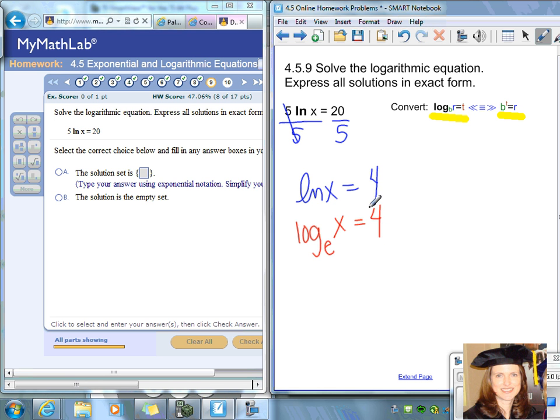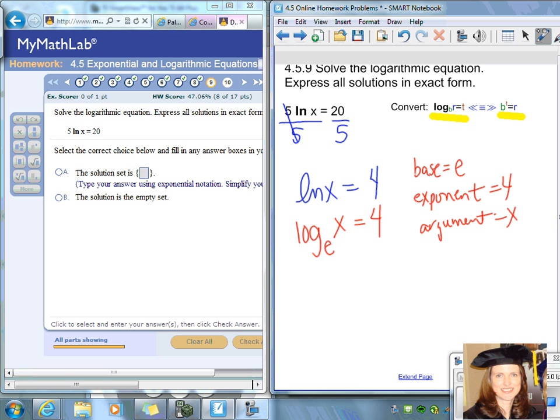You can then convert this logarithmic equation into exponential form. The base of the logarithm is e, the exponent is 4, and the argument is x.